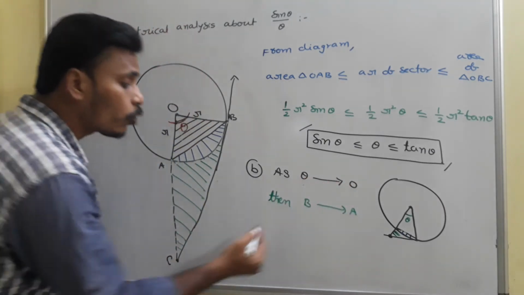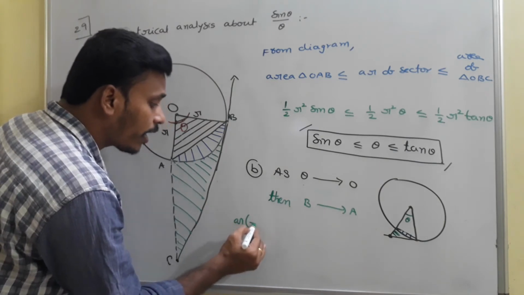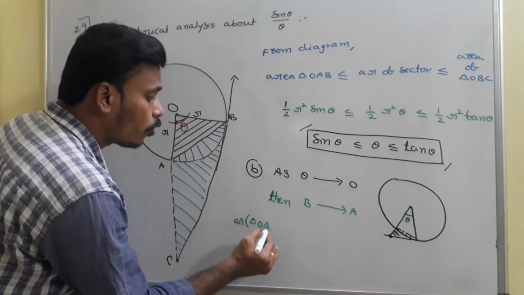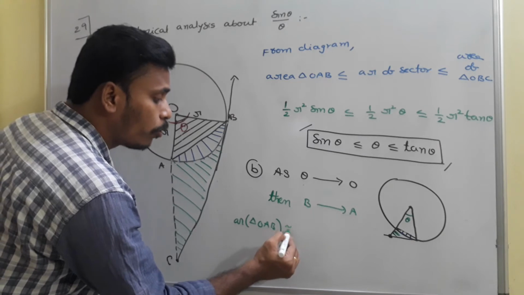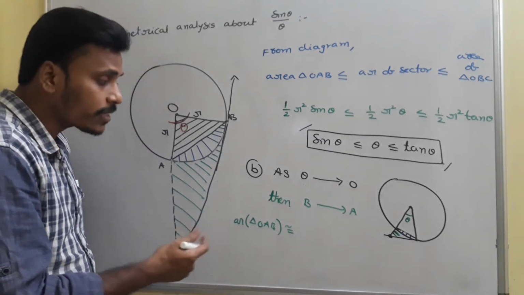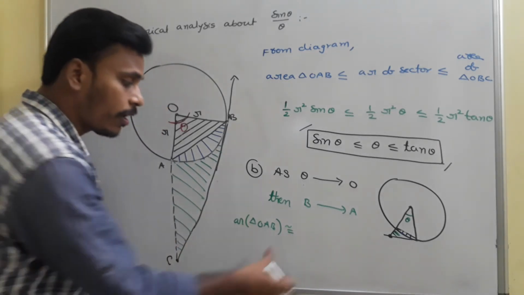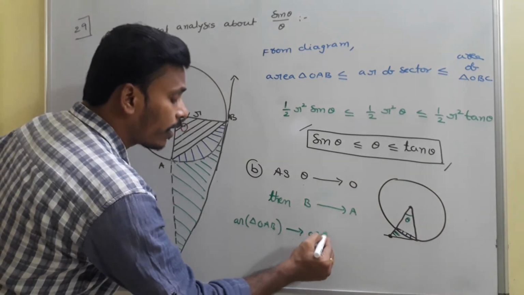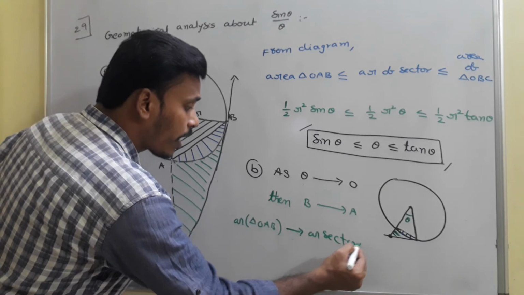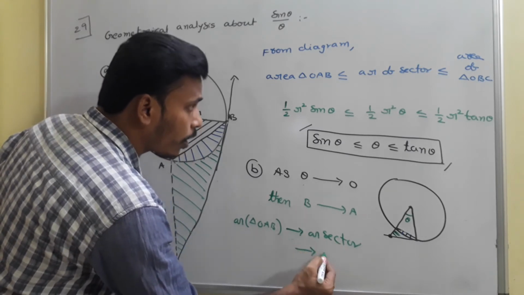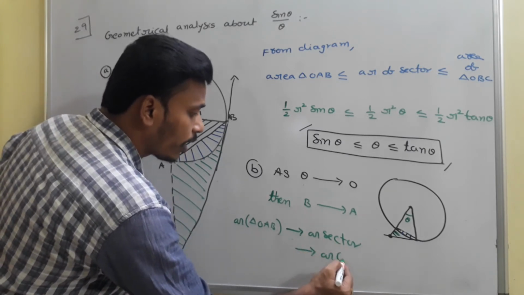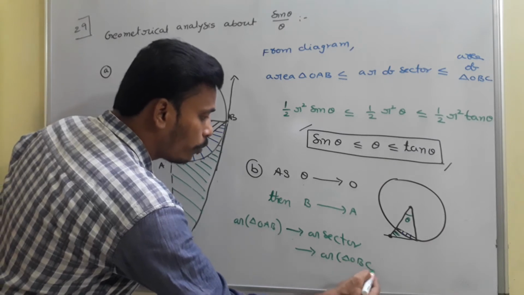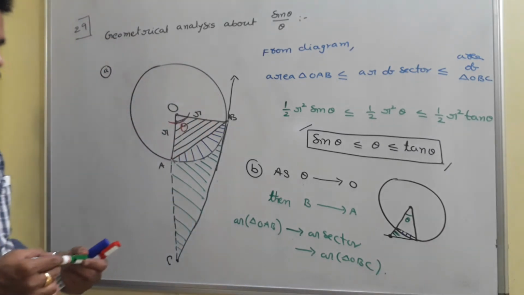At this situation, the area of triangle OAB is tending to the area of the sector, and it is again almost equal, or you may say tending to the area of triangle OBC. That's what we need to conclude.